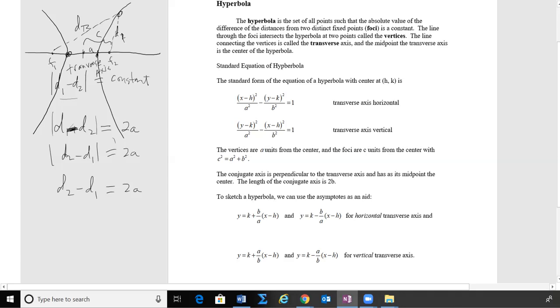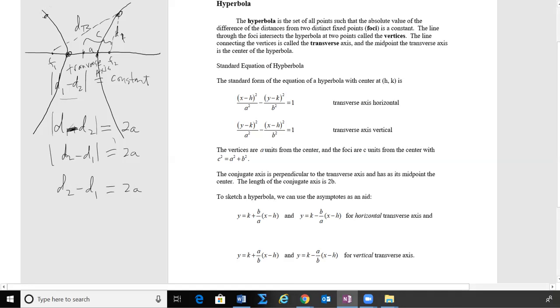D2 will be bigger. And now the reason we have two branches is because the way I've drawn it here, this produces one locus of points by assuming D2 is bigger than D1. But if it were the other way around, you would end up with another set of points coming around this way. So that's why I've drawn both of them in here.